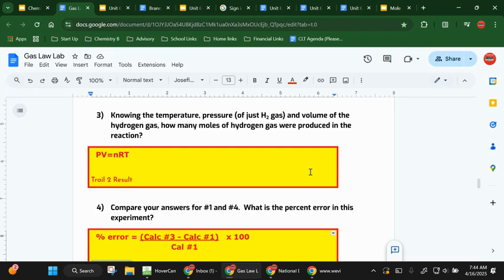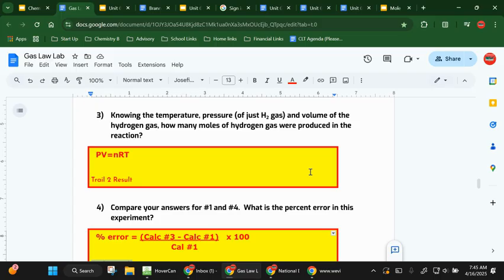For calculation number 4, you are going to do a percent error. So you are literally going to take the number you got in 3 here, the moles, and subtract the moles from calculation number 1, the moles of magnesium. And you are going to divide it again by the moles of magnesium.